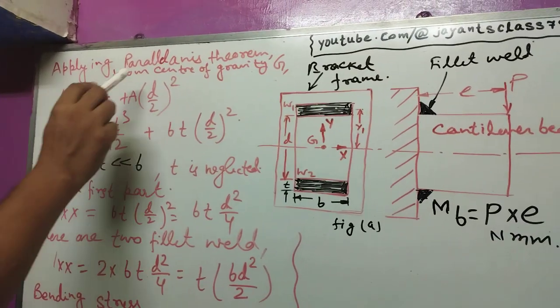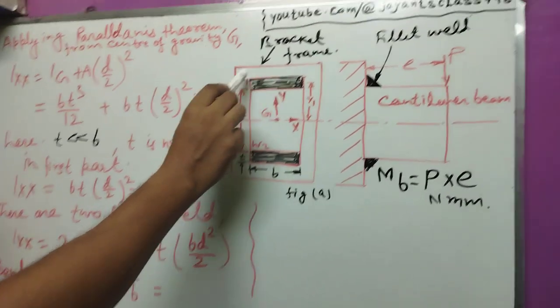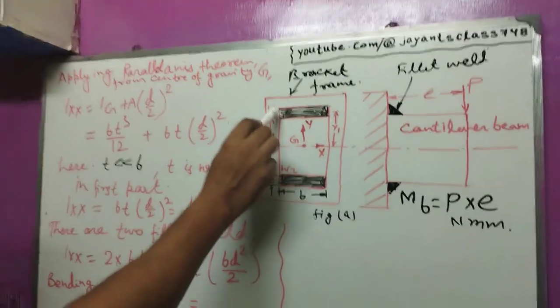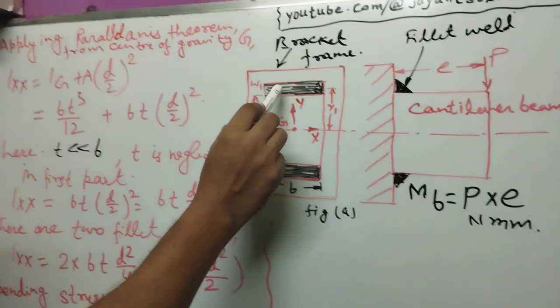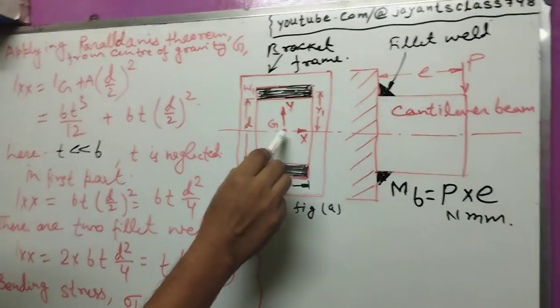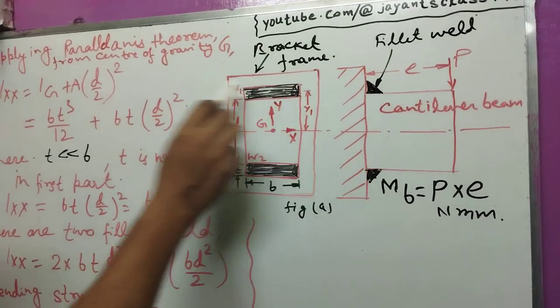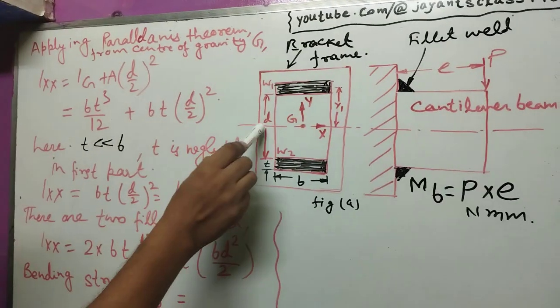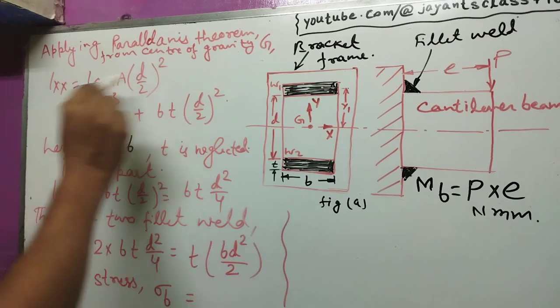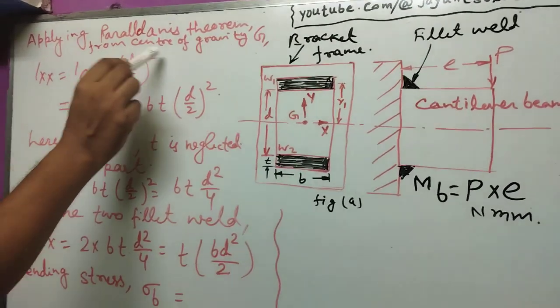Now apply the parallel axis theorem from the center of gravity G. The parallel axis theorem states I equals IG plus area into D by 2 whole square.